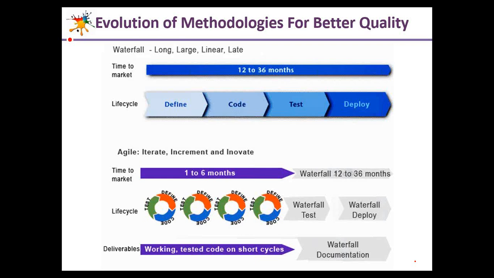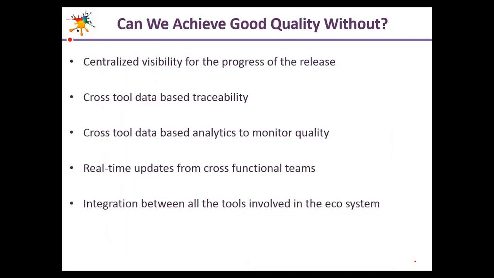So having said all this, in reality now let us check what is the major requirement for achieving quality. Can we achieve good quality without centralized visibility for the progress of the release? Cross-tool database traceability? Because we all know that today in the software development lifecycle, it's not that all the teams are using the same tool.